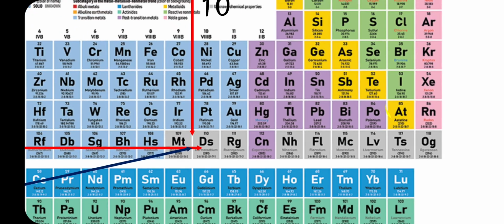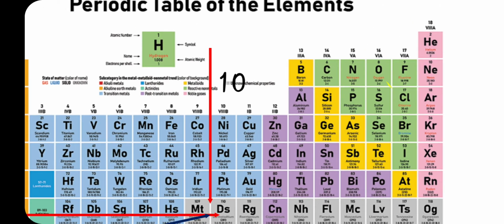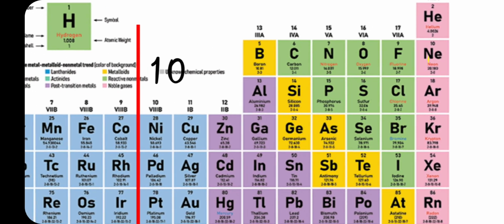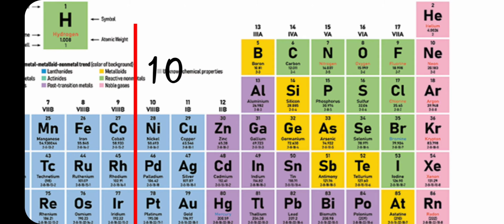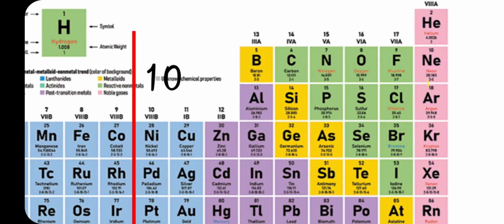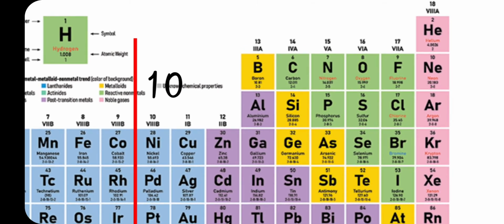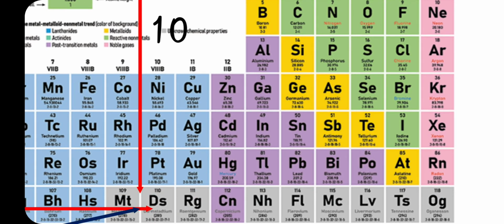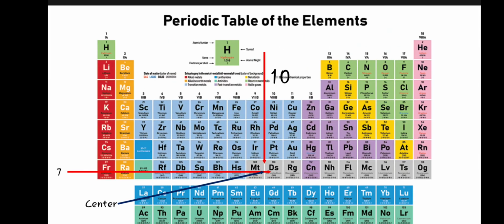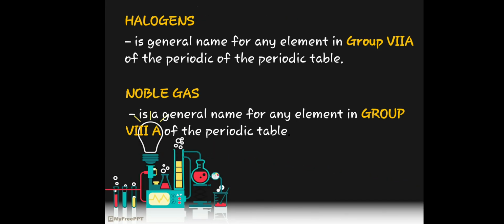Okay, so that is the halogen. And the noble gases is this pink one. We have helium, neon, argon, krypton, xenon, radon, and oganesson. Always remember that one. So, going back to our discussion, noble gases is the general name of an element in group 8A of the periodic table.